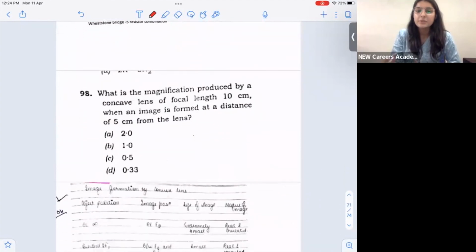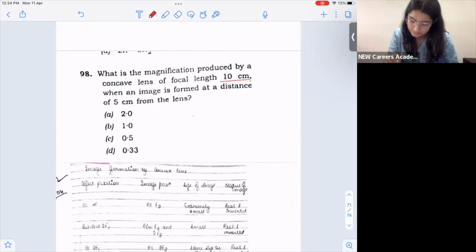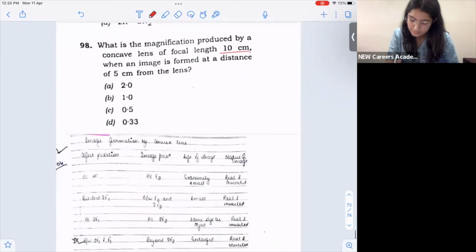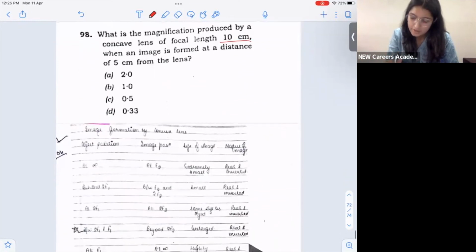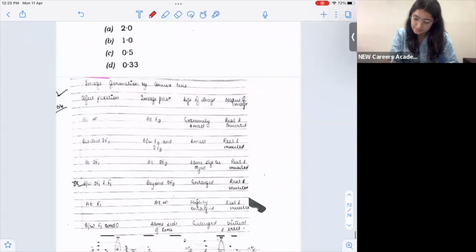Next question, what would be the magnification produced by a convex lens of focal length 10 centimeter when the image is formed at a distance of 5 centimeter from the lens?